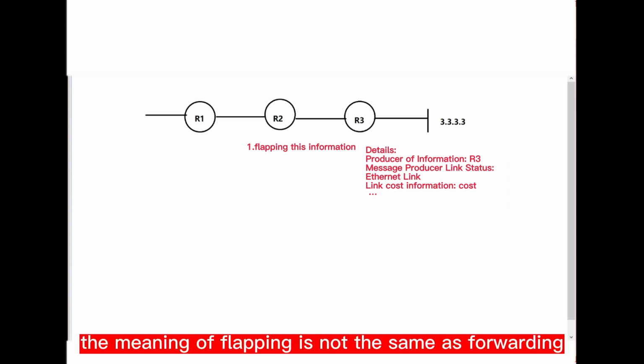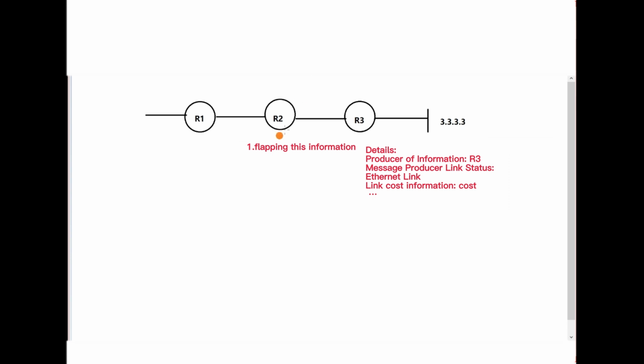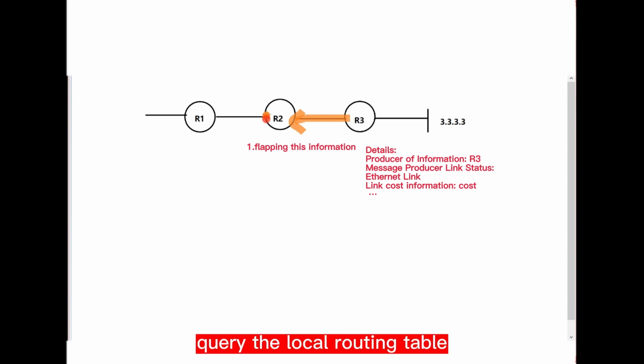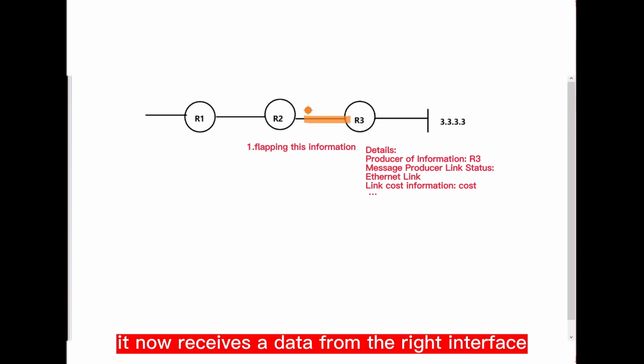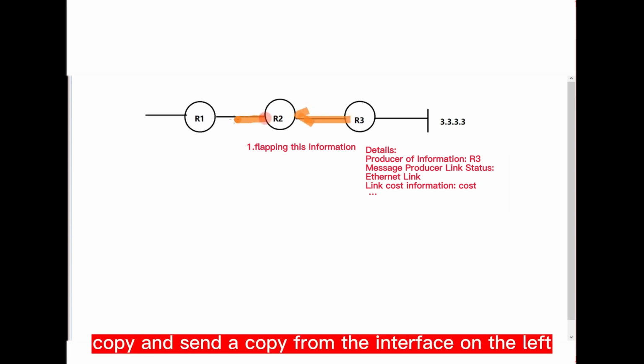The meaning of flooding is not the same as forwarding. Router forwarding is when it receives data, queries the local routing table, queries the next hop, and then forwards it. Flooding refers to when it receives data from the right interface, it copies and sends a copy from the interface on the left.